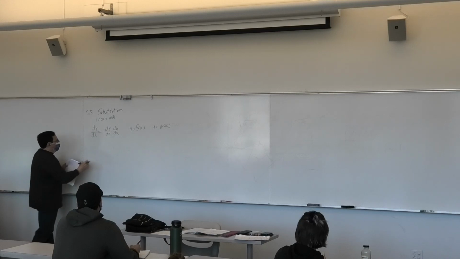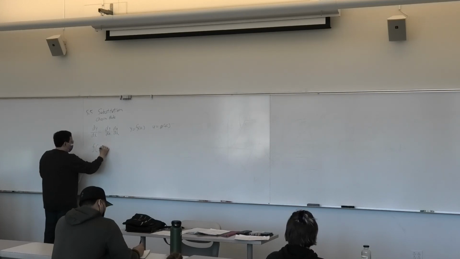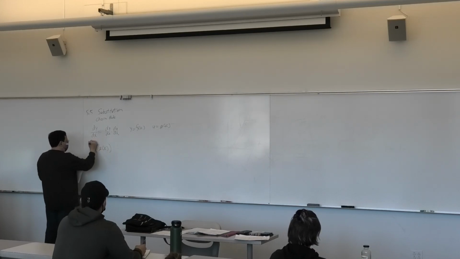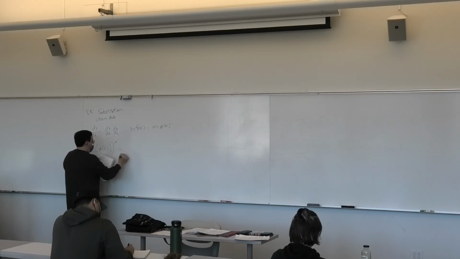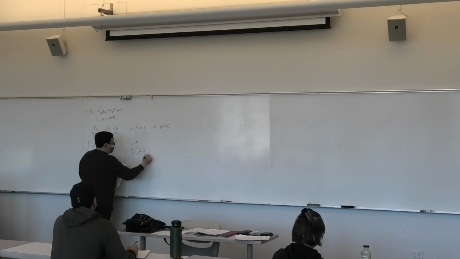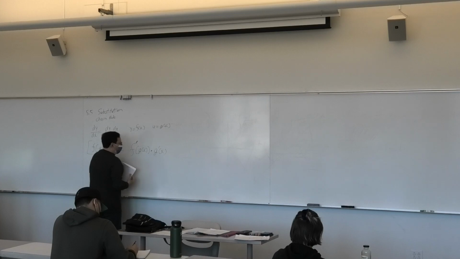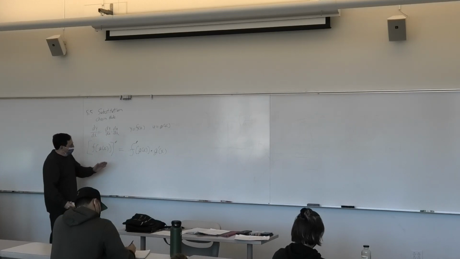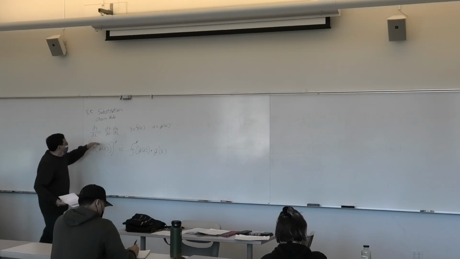So in Newtonian notation, we would write it this way. We would say we have some function f of g of x, some composition, and we want to find its derivative. And we would find that its derivative is the derivative of f at g of x times the derivative of g at x.